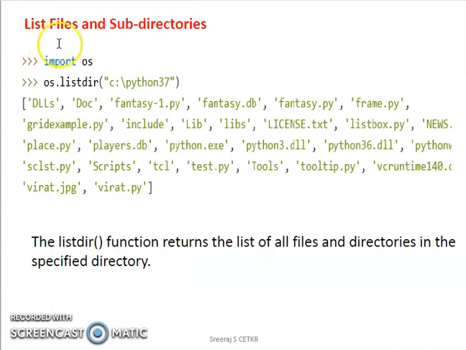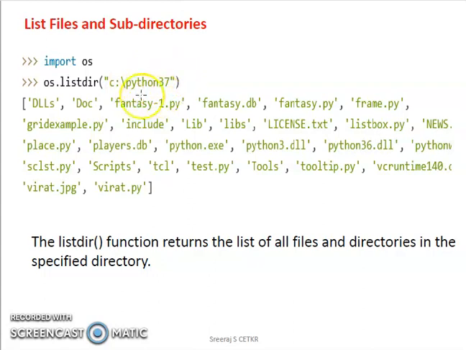The next is listing files and subdirectories. If you want to see the files inside a particular folder, you can use this function os.listdir. So it will list within the parenthesis, you can say this parameter, I mean a path: C, inside the C drive there will be a folder named Python 37.